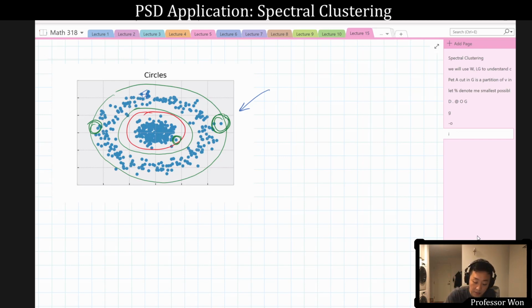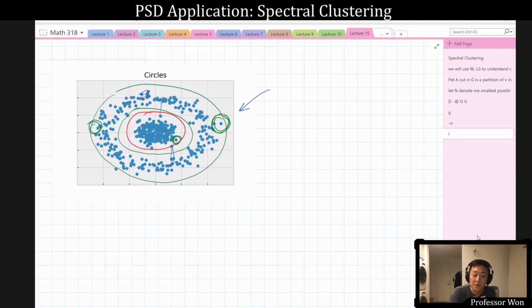And basically there are going to be pretty few edges going between the red circle and the green circle, right? Maybe this dot is connected to these 2 dots, or maybe this dot connects to here, but there'll be relatively few edges crossing the boundary. And you should be able to detect that using the spectral clustering technique that we talked about today.